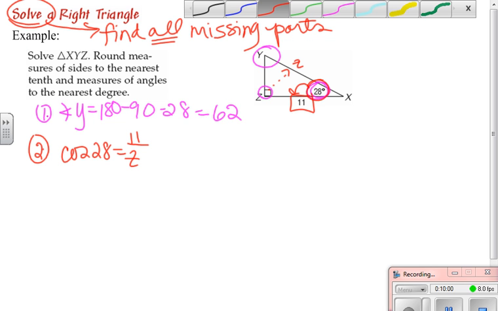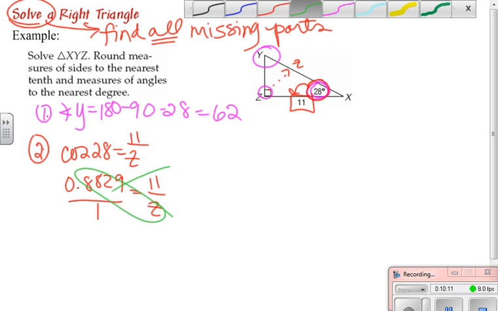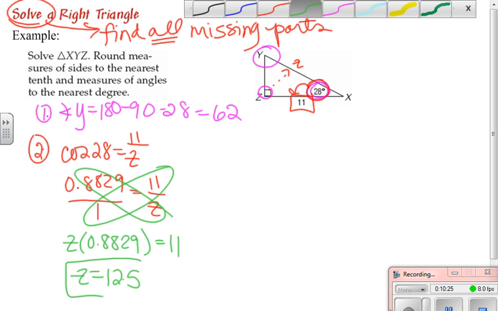So I'm going to go to my calculator and I will get 0.8829 over 1 is equal to 11 over z. Make it into something that I can cross multiply. And so I have z times 0.8829 is equal to 11. Divide both sides by that decimal, and you end up with z is equal to 12.5.